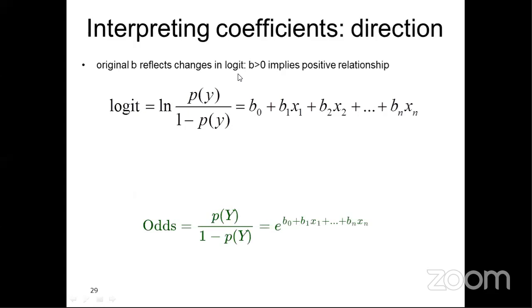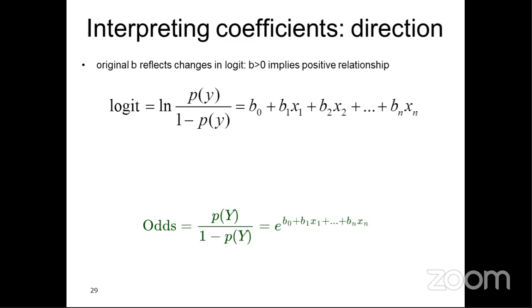That's why the interpretation of the coefficients of the logistic regression model is the changes in the Logit. So for a 1 unit change in your independent variable, the amount of change in the dependent variable should be interpreted as the changes in the Logit, that means the natural log of the odds.